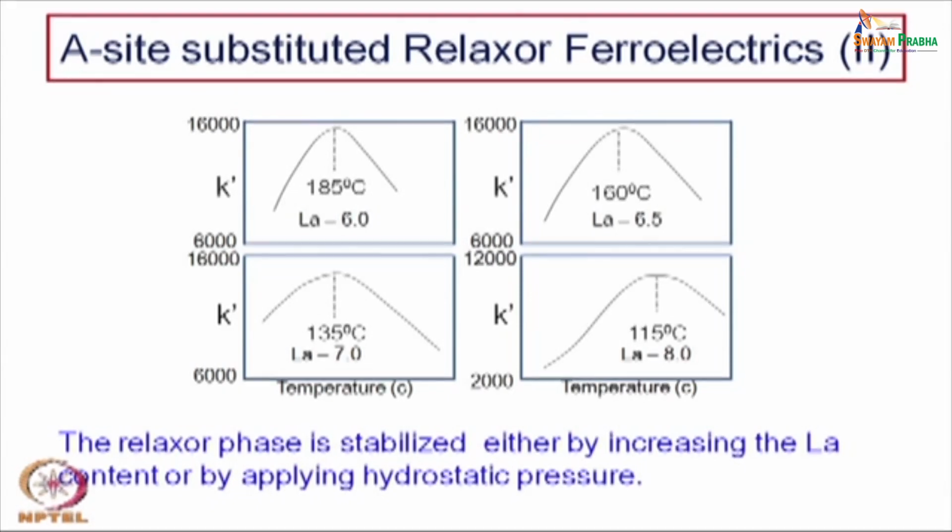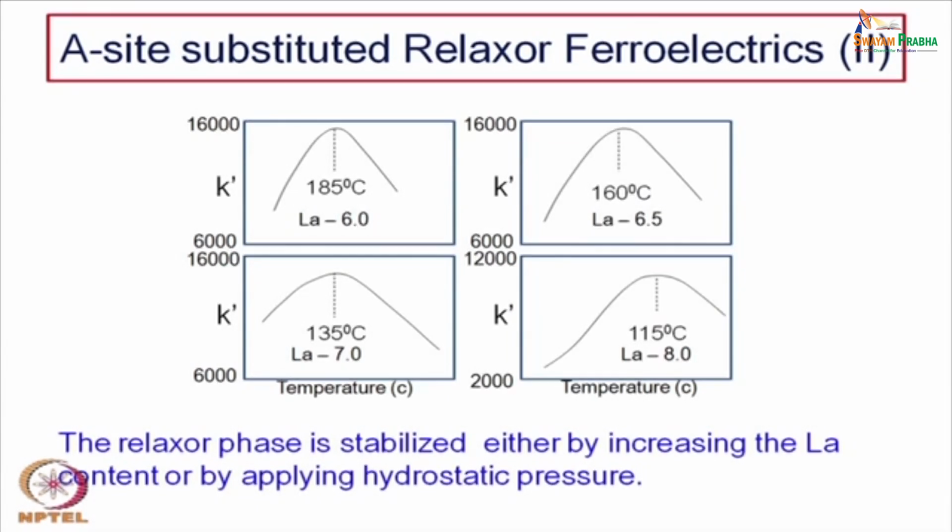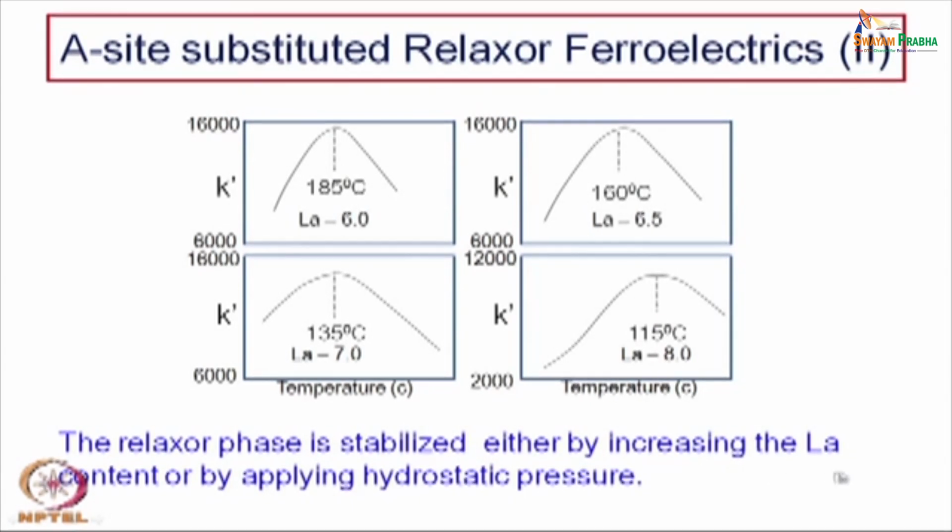This is the A substituted relaxor ferroelectrics, and as you can see, there are 4 different diagrams, basically schematics here. The relaxor phase is stabilized either by increasing the lanthanum or by applying hydrostatic pressure, that we will see in the next slide. Okay.